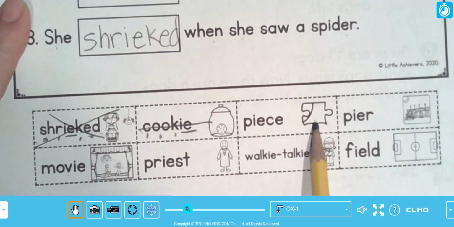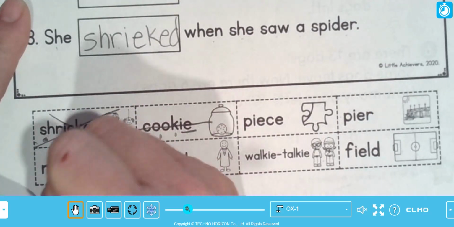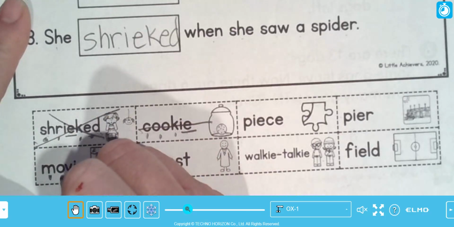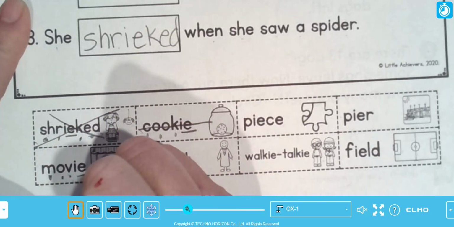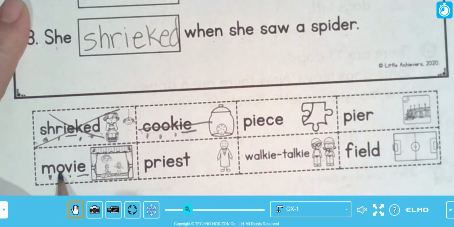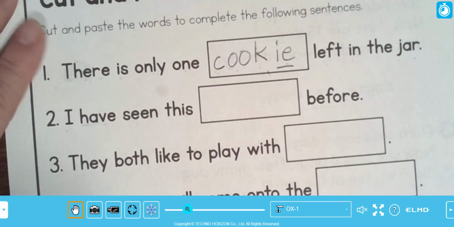Should we see a piece, a puzzle, a pier, a movie, a priest, a walkie-talkie, or a field? Yeah, probably a movie, right? So, M-oo-v-ie. Movie. So let's write movie right here.